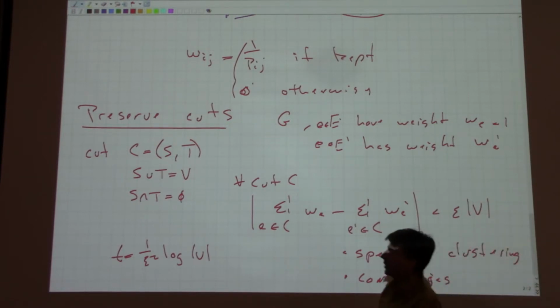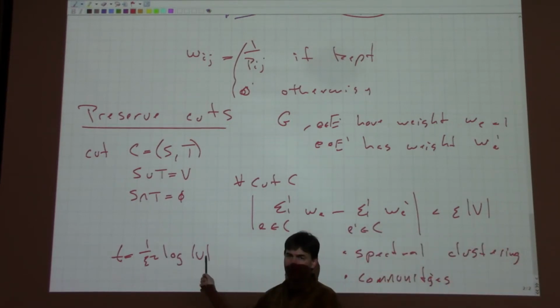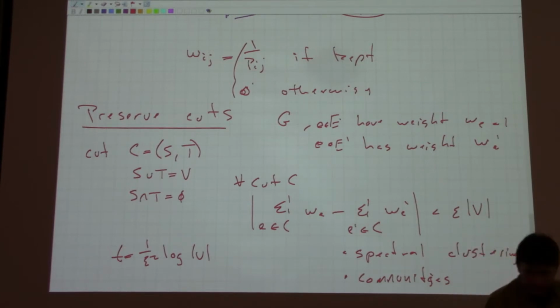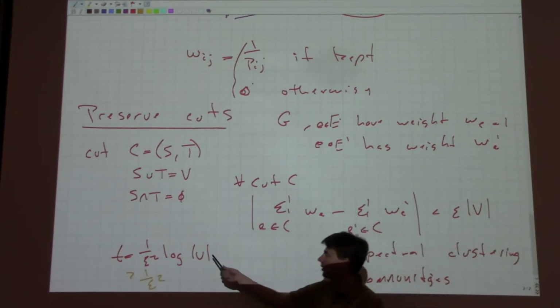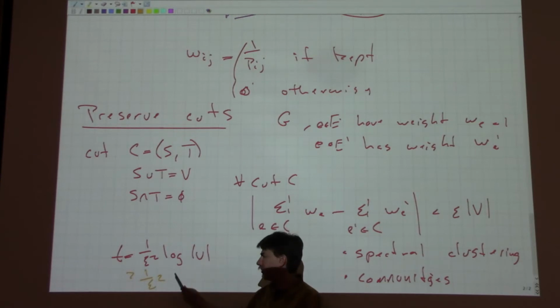But there's an upper bound, and I think there's a technique where random sampling is not going to work, but you can get rid of this log V here, but you still need this 1 over epsilon squared term.